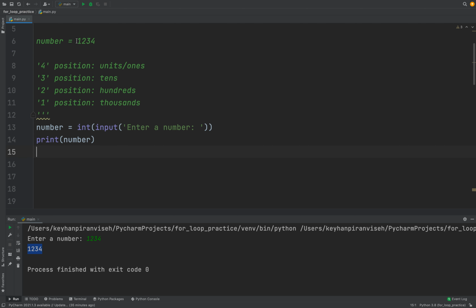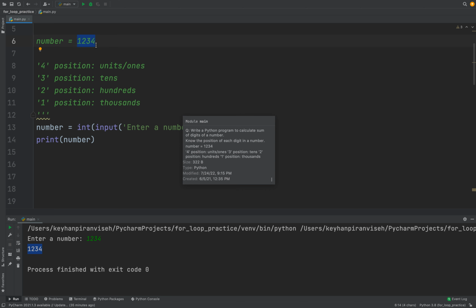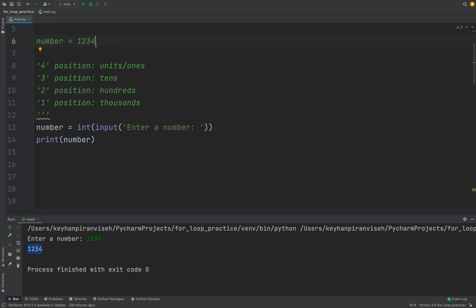I want to get the first digit, 1, from the left, if you will. To do this, if I divide this number by 1000 and round it down, I can get 1 out of it.